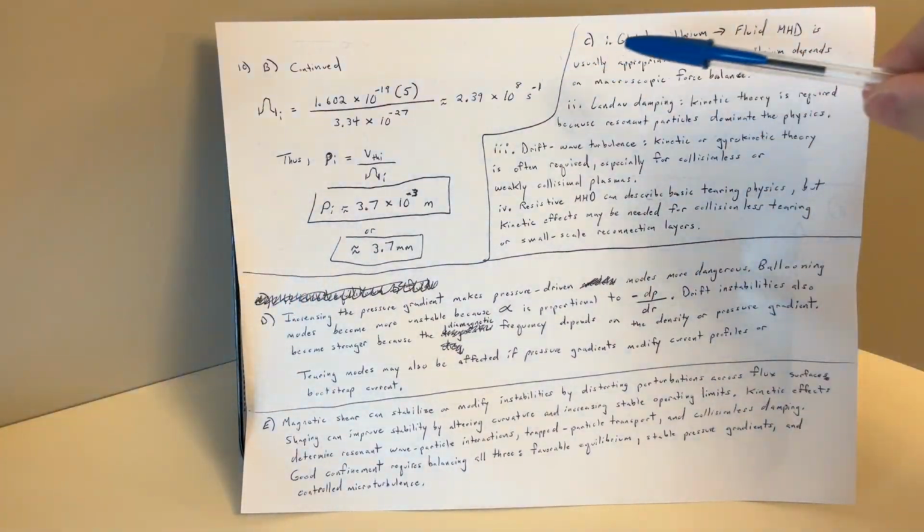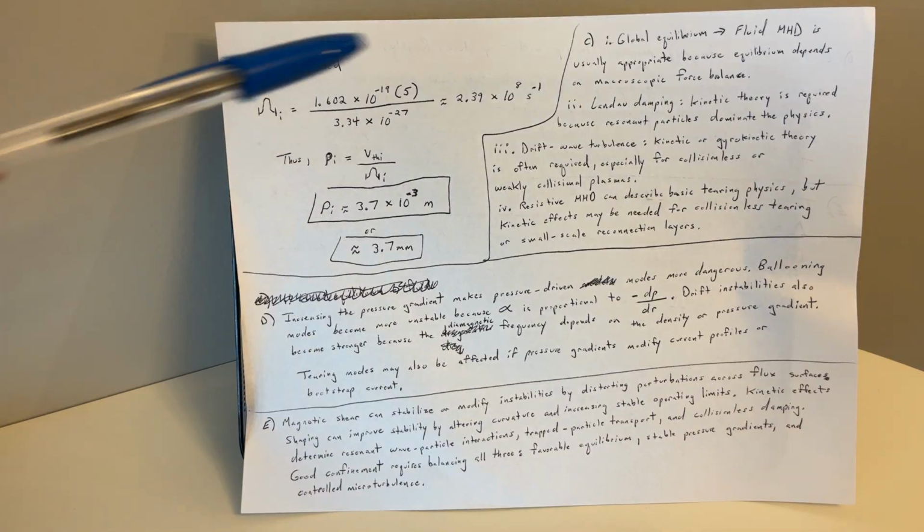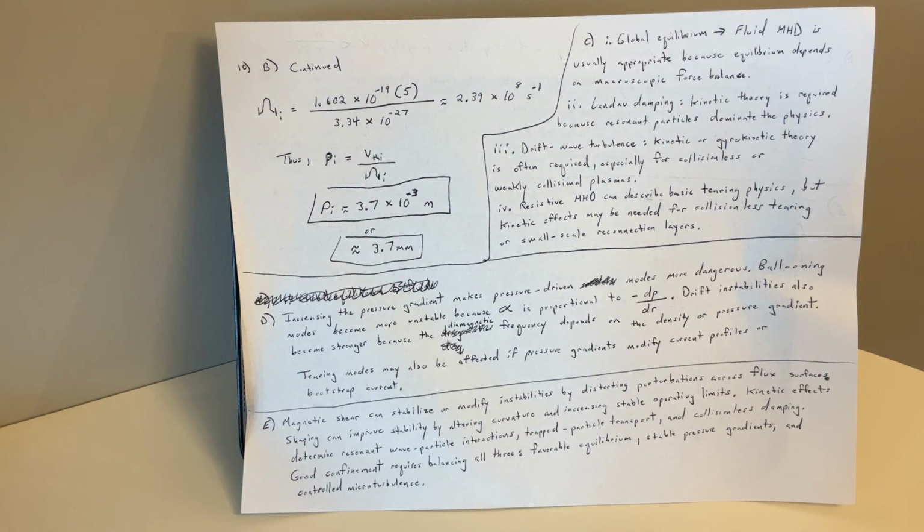For part 1, global equilibrium, fluid MHD is usually appropriate because equilibrium depends on macroscopic force balance. And this is canonical.